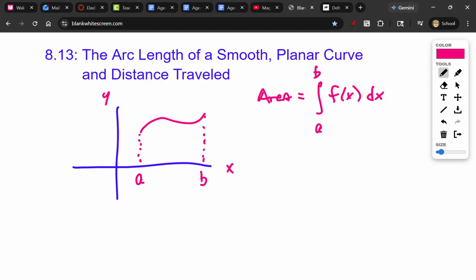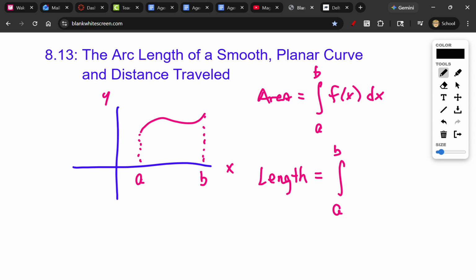But today's video isn't about area, it's about length. It's about how long this curve is. All right, so the length is also going to be adding some things together. Let's use black here.